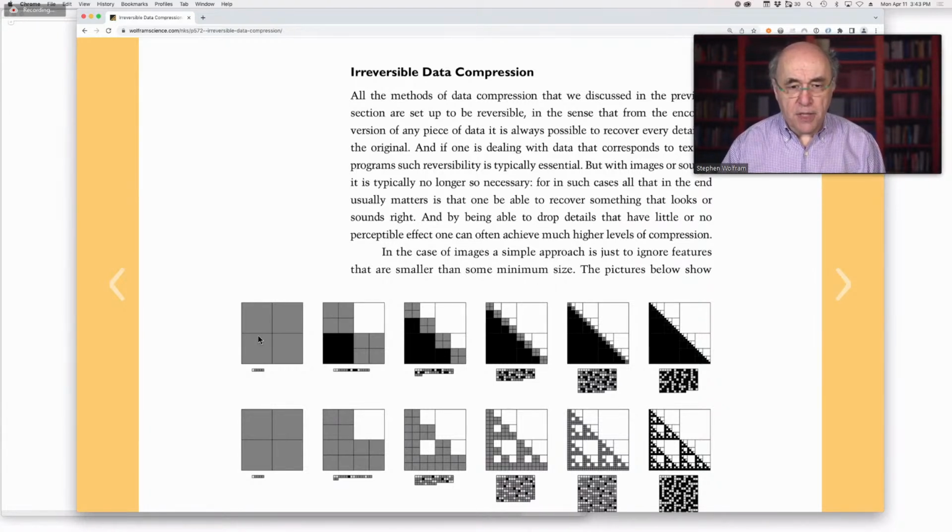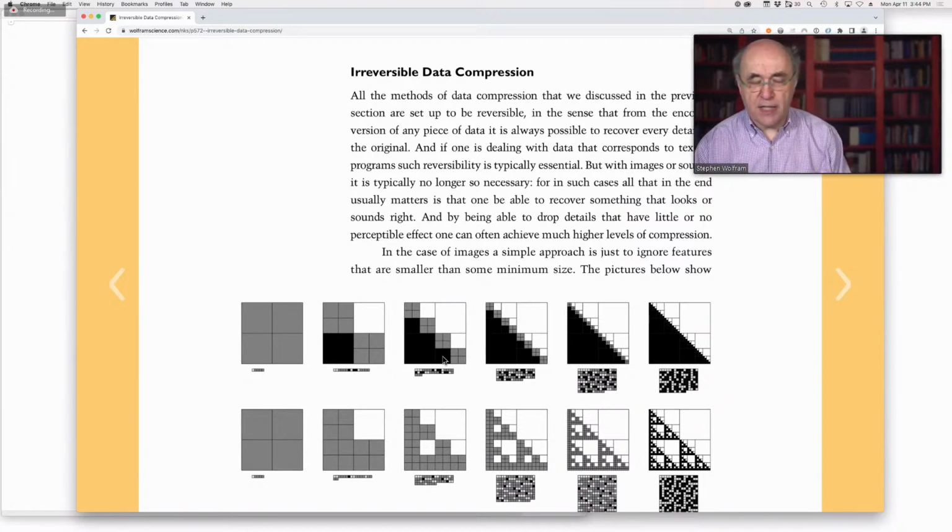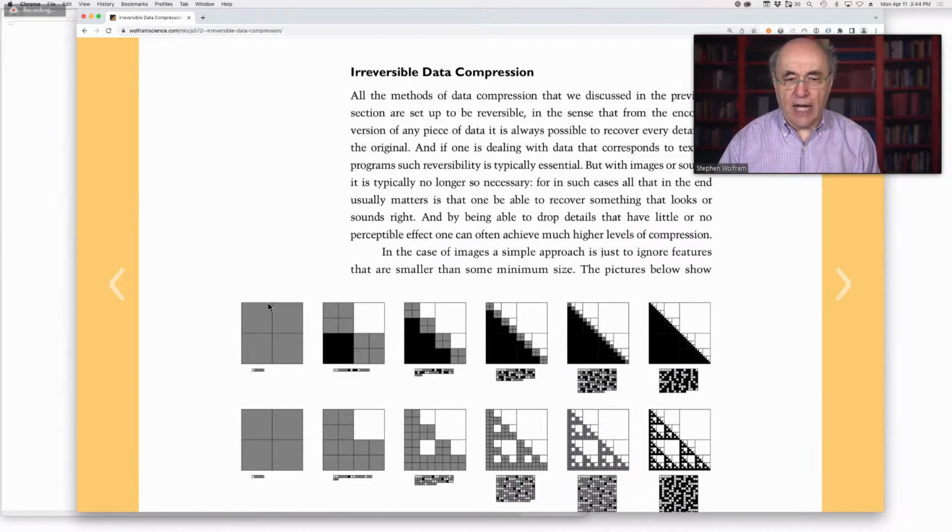So in this case, we're just ignoring parts of the picture that are below a certain resolution. Here we've got a compression based on these two-dimensional subdivisions where we're keeping every subdivided piece. But here we're just fuzzing it out. We're saying, well, we don't really care about the fine detail of what happens here. We just care about the overall fuzzed out version. And that allows us to have compression.